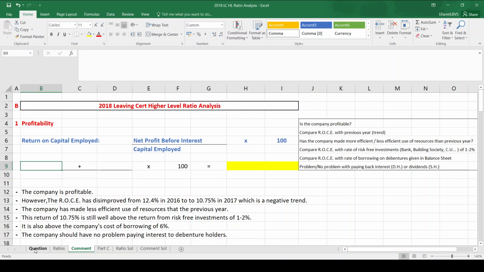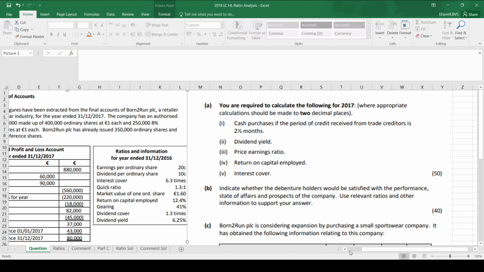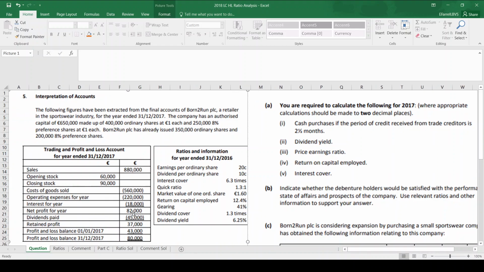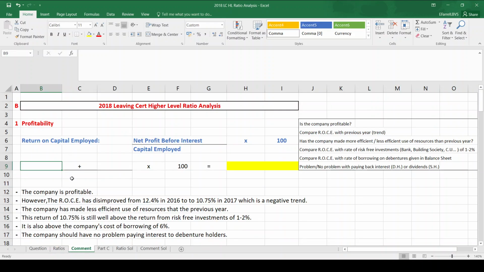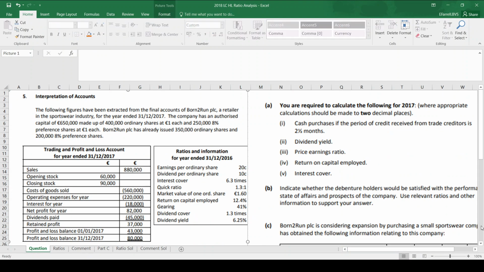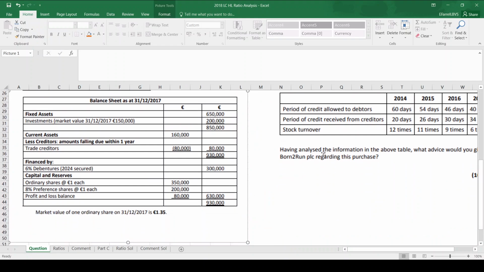It's net profit before interest, and as we said in the question, this net profit of 82,000 is after interest of 18. So the net profit before interest would be, and again we have it done here, 82 plus 18 over capital employed, which we said was the total of the balance sheet, 930,000.